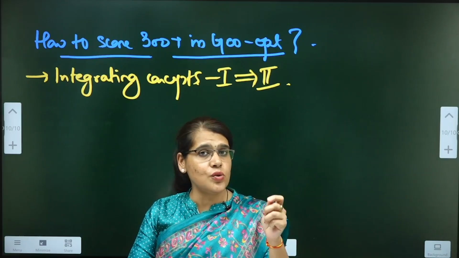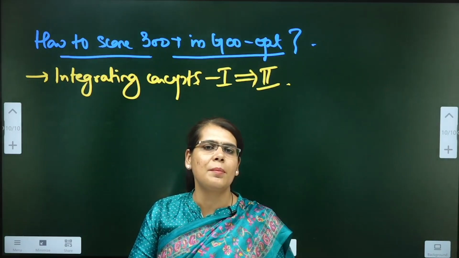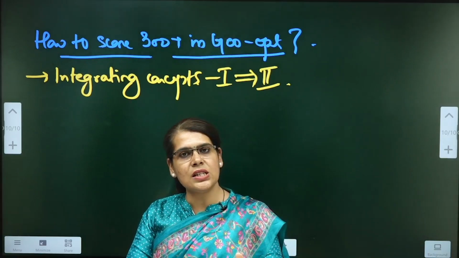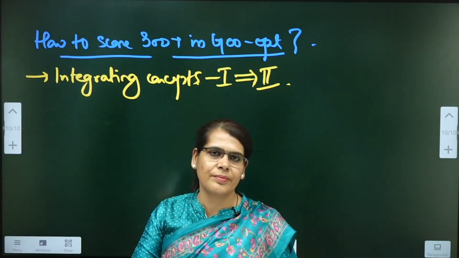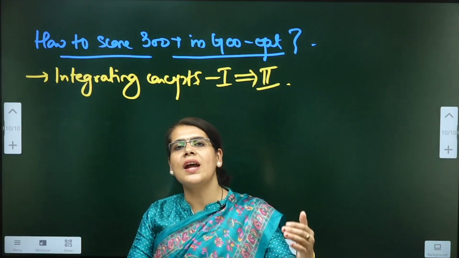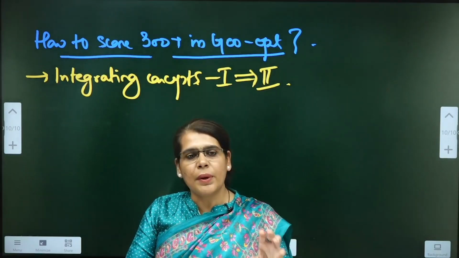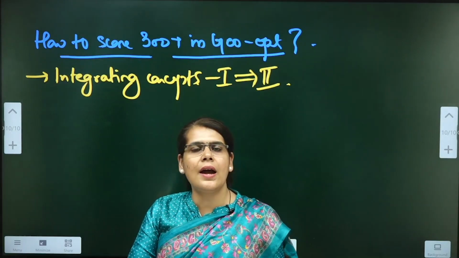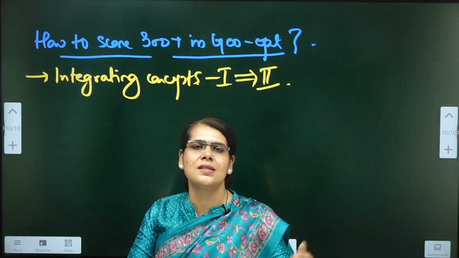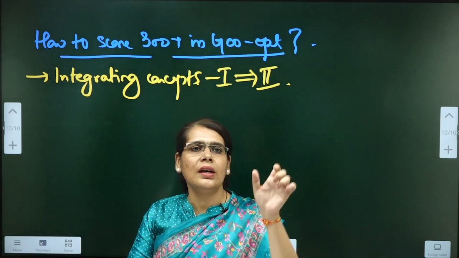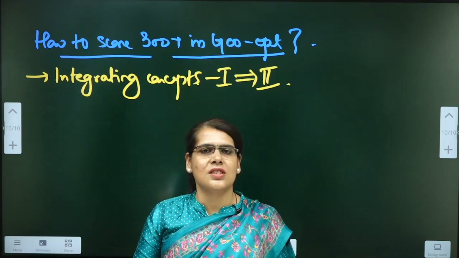And gradually you will understand one very important dimension. That is, till now you have understood the integration of paper 1 and paper 2. But you must also gradually learn the integration of concepts between the units and amongst the same unit as well. So that is how you start scoring higher marks on an average.